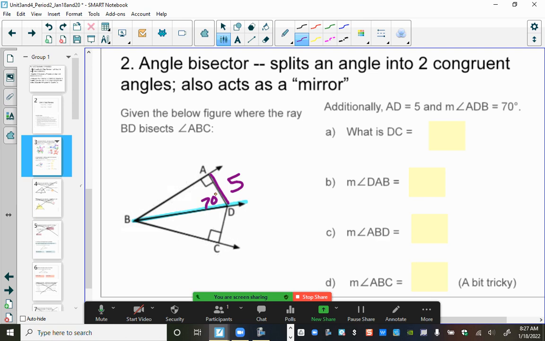AD, we said, was 5. DC is the reflection of AD. Notice that DC and AD reflect each other. So if DC reflects AD, but AD equals 5, what must DC also equal? 5 as well.